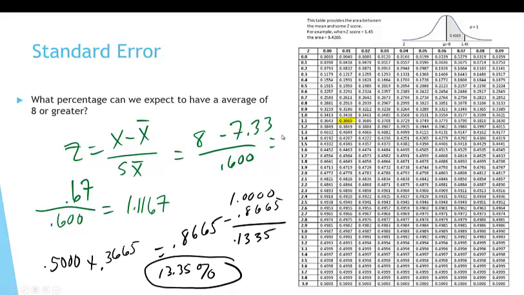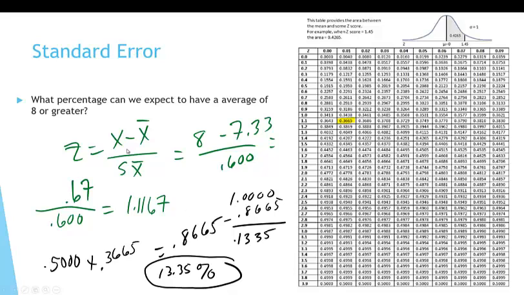When we look at the chart, 1.11 falls right here. We get 0.3665. Because this is a positive number, we're going to add the bottom half of the chart to it. So that's 0.5000, the bottom half, to this, and it comes out to 0.8665.